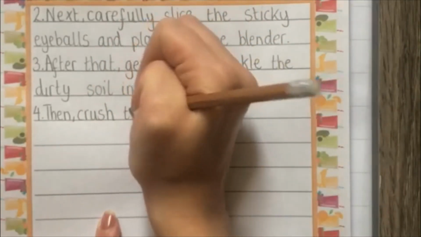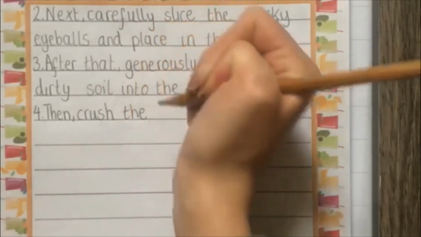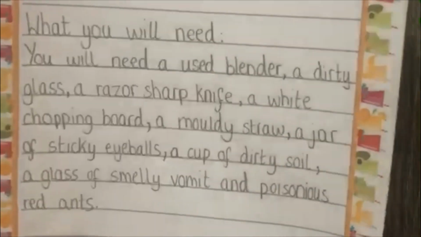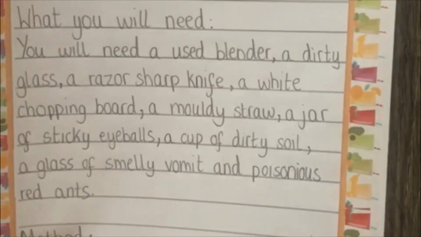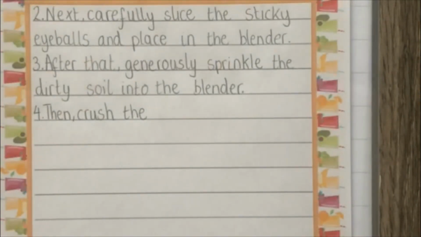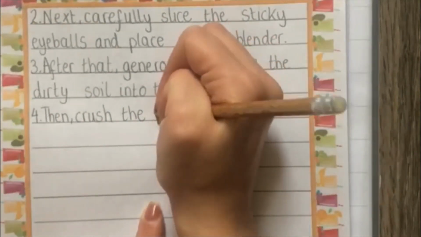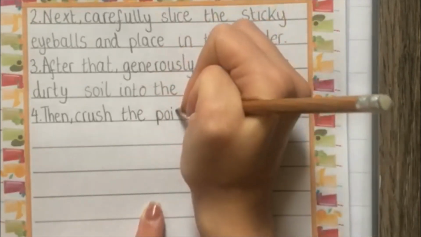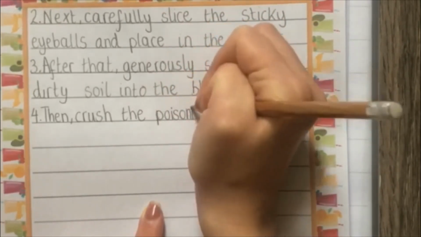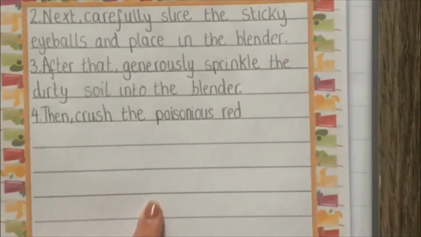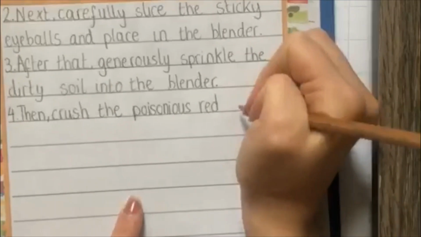Crush the, what adjective did I pick for my red ants? I can always look back to my what you will need section to help me out. And here I can see that I said they were poisonous. So crush the poisonous red. See here, I've got 2 adjectives, poisonous and red.